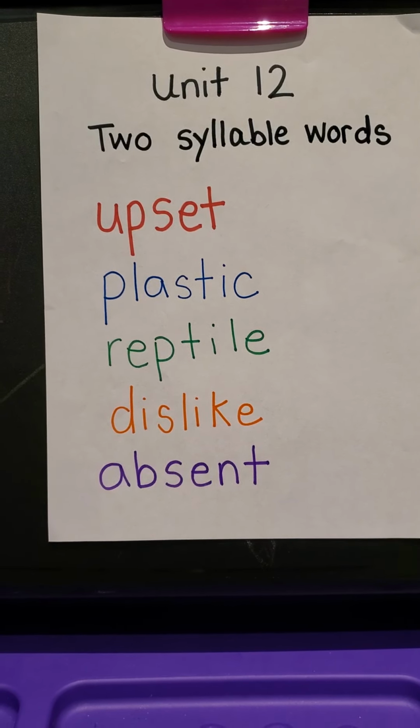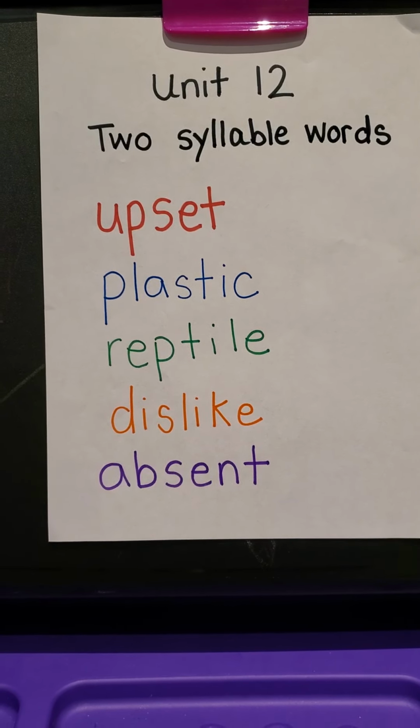This one, so the first part, I see an E. It's between two consonants, so it's probably short. I'll try it. R, E, P, rep. And then when I look at the second part, I see an E at the end. And we know an E at the end usually makes the vowel long, so let me try it. T, I, L, tile. That sounds right. Rep, tile, reptile.